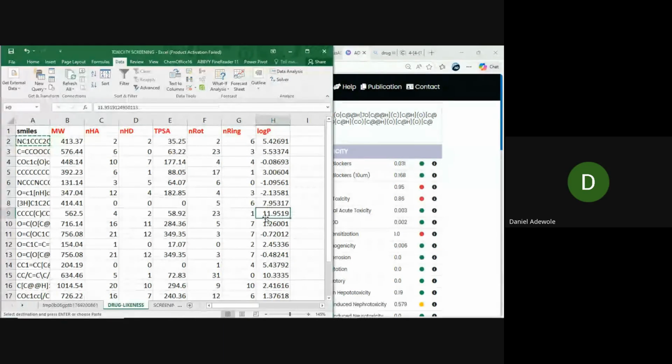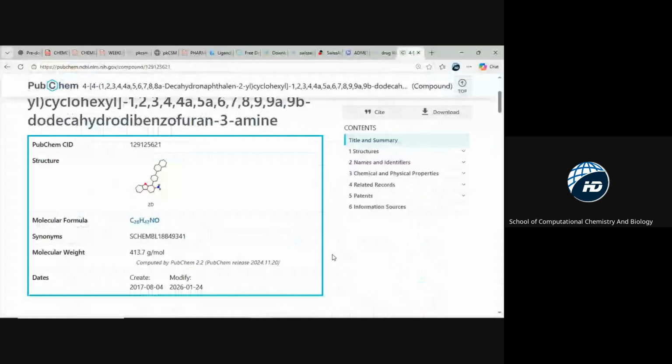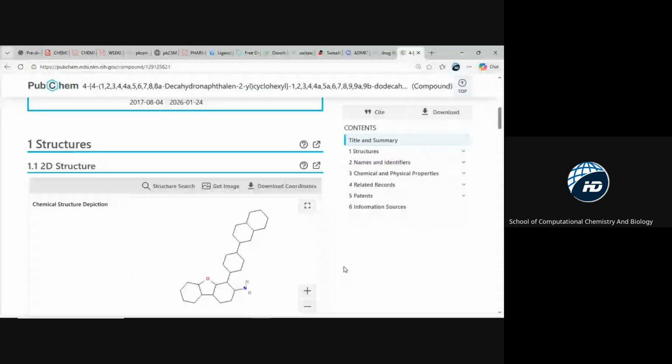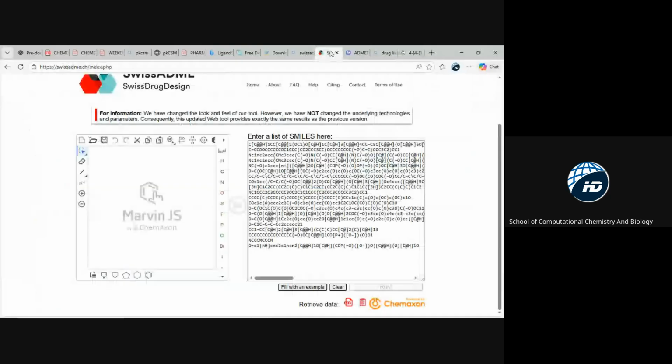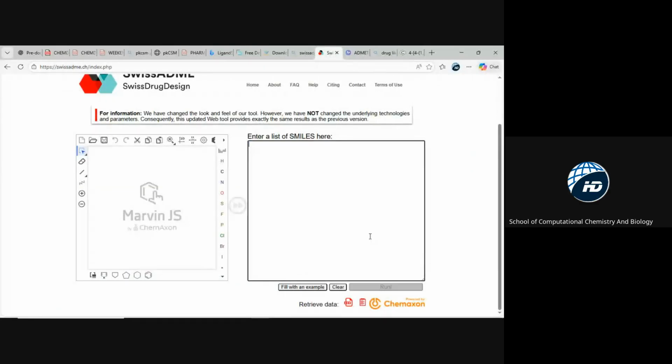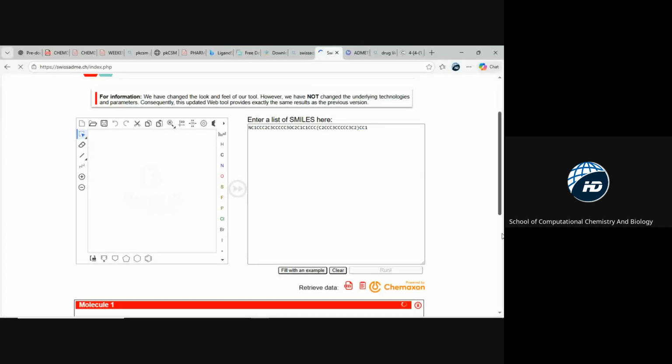Let's see the synthetic accessibility. I don't think PubChem shows the synthetic accessibility, so let's take it to SwissADME. SwissADME can give me the synthetic accessibility.